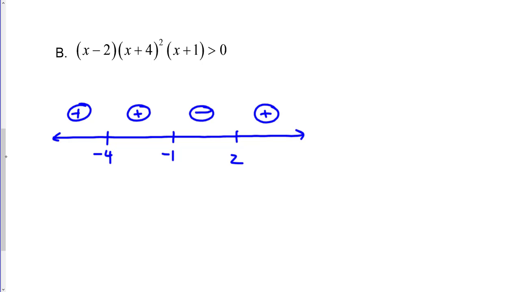Now, if I only want to know where this is greater than 0, the situation only changes a little bit. So it would be on this interval, but not including the -4. Then on this interval, not including the -1. And then not including the 2, but on this next interval here. So now my solution would look a little bit different.